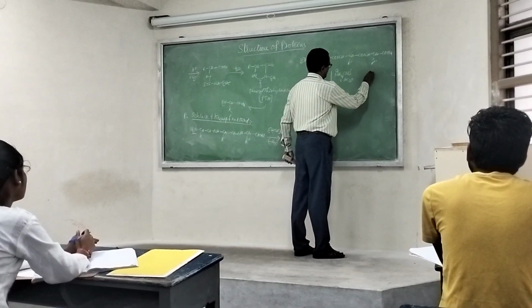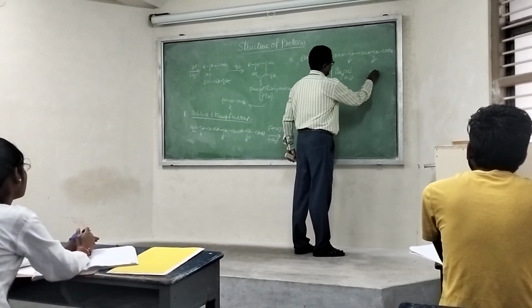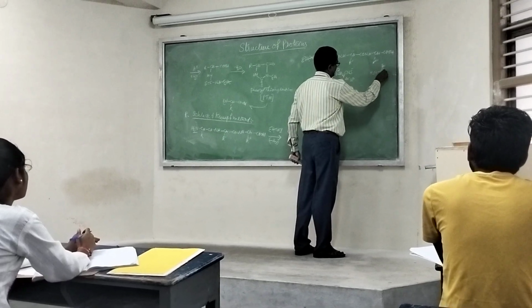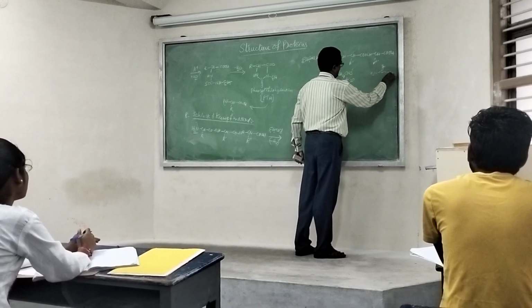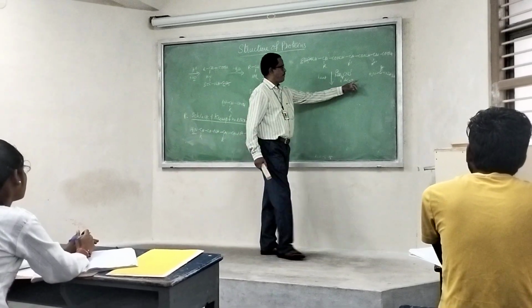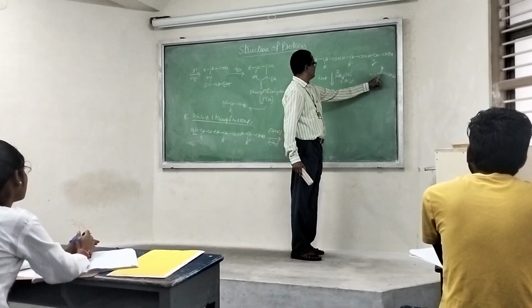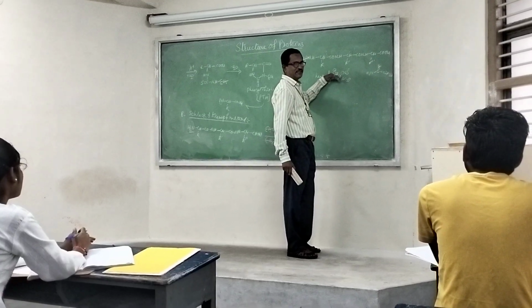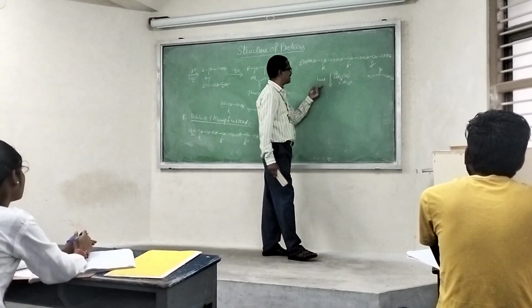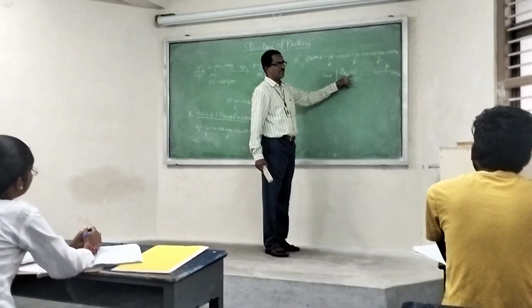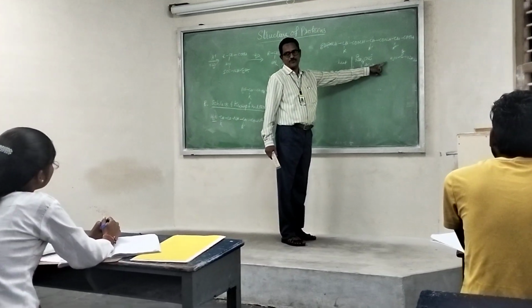So this will be converted into H2N CS NH, from NH4 CNS. At a particular temperature, that is, when the temperature reaches the suitable value, the ammonium thiocyanate converts into thiourea.